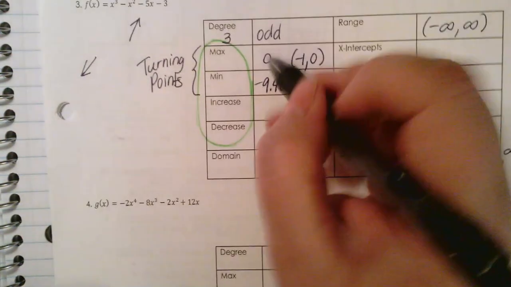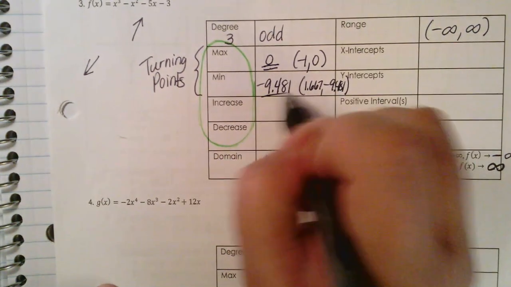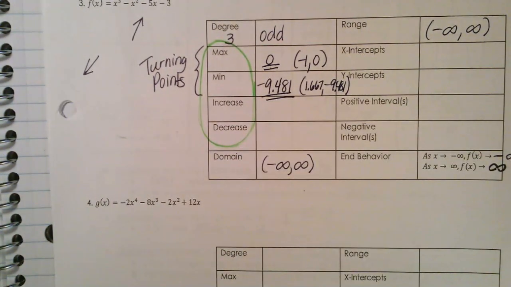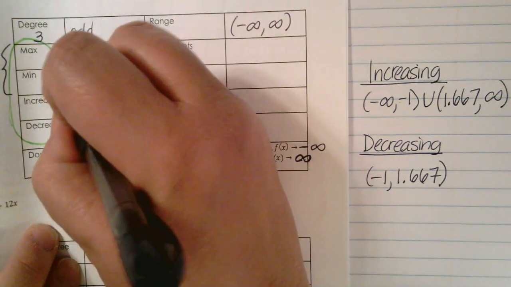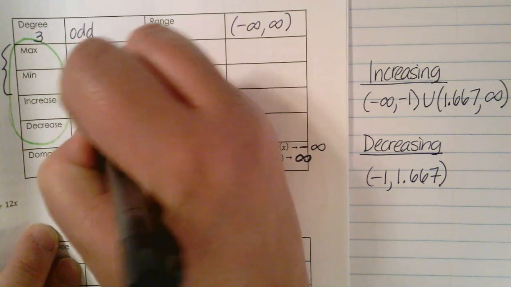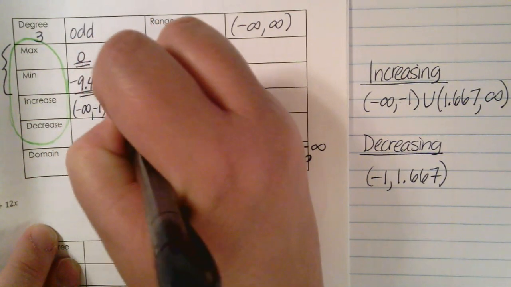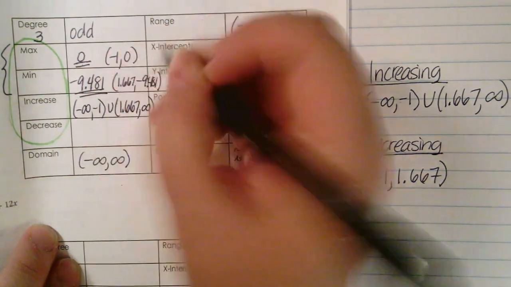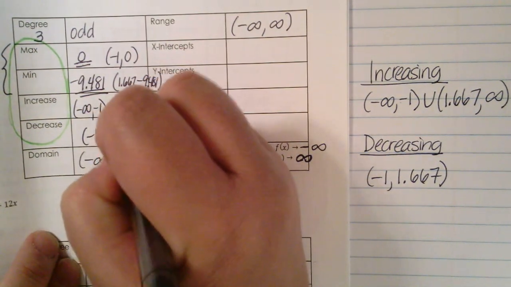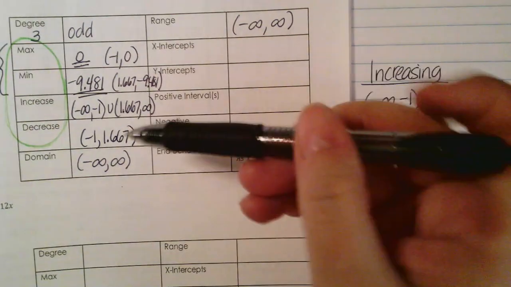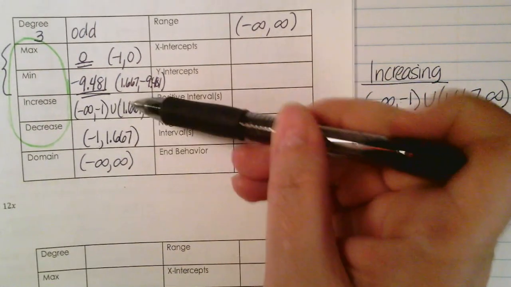But the real actual max or min is the y value. All right, so keep that in mind. So we said for our intervals of increase and decrease, I'm just taking this and putting it in here. It's increasing here and there, and it's decreasing in between those. Okay, so notice you're going to have some of those same numbers there and there.